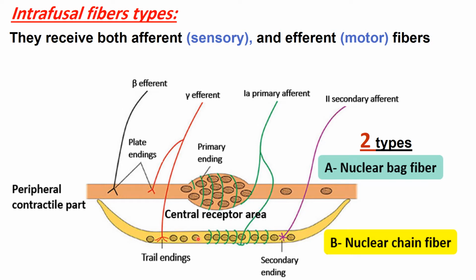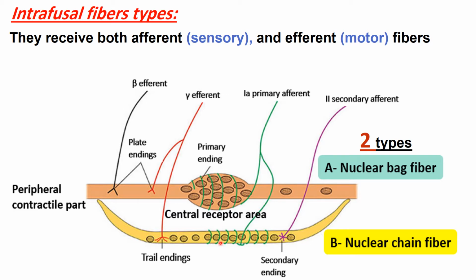Both of them are muscle spindles, two types of stretch reflex receptor. Why do we call it nuclear bag? Because it is an aggregation of nuclei in a central dilated part like a bag. So its shape is like a bag, and that's why we call it nuclear bag.